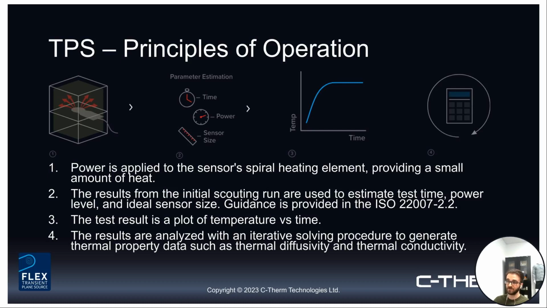Because you can imagine the time and power settings, you can somewhat arbitrarily adjust those to whatever you want. Doing so doesn't necessarily guarantee that the results that you get are going to be valid.